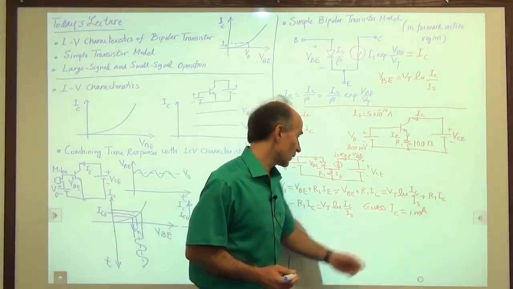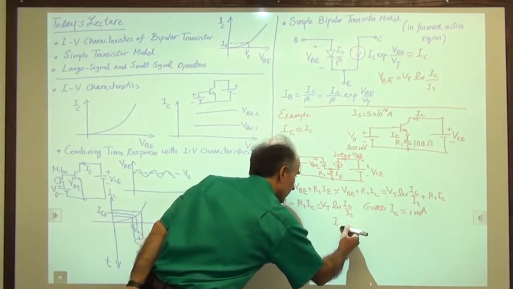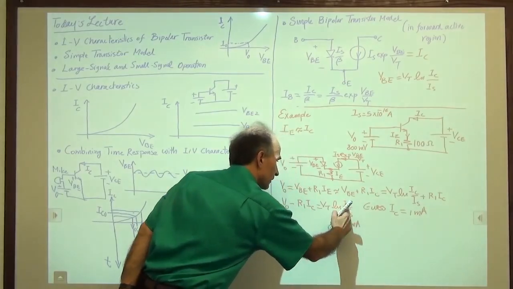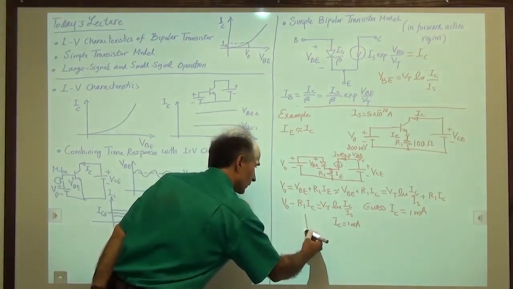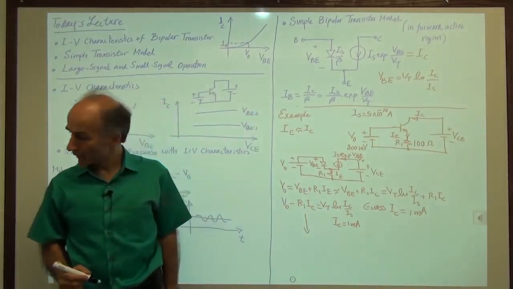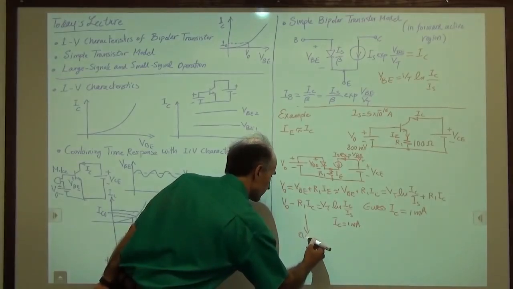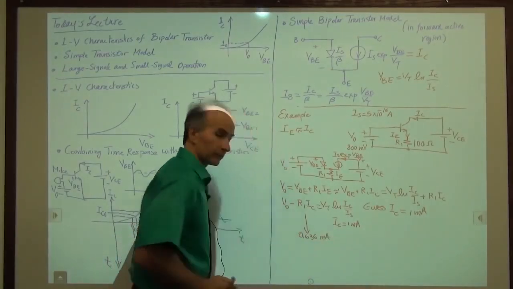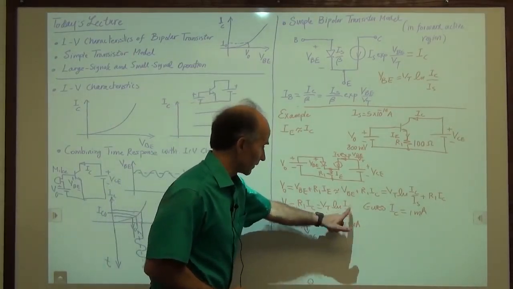All right, so if IC is 1 milliamp, so I assume IC is 1 milliamp on this side. I plug it in here, calculate this. From here, find IC. This will give me a new IC. And that new IC comes out to be 0.636 milliamps. Now I plug this back into here.